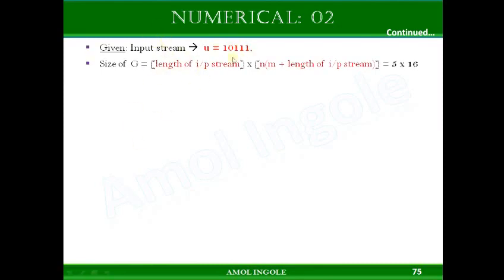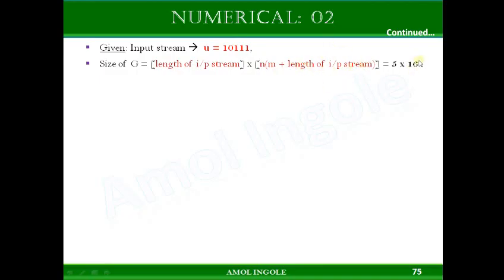This is the given input stream, and as we have got a finite length input bit stream, we can write the size of the generator matrix. It is given by the length of the input bit stream, in this case 5, by n into (m plus length of the input stream).